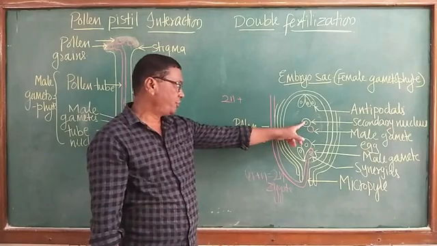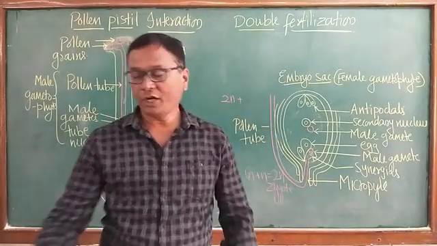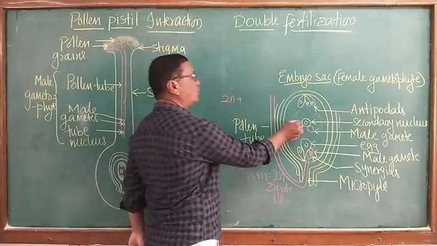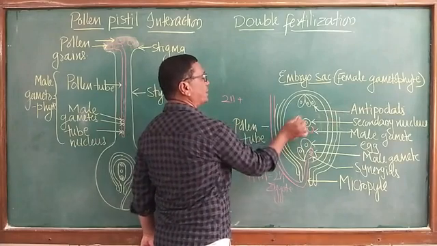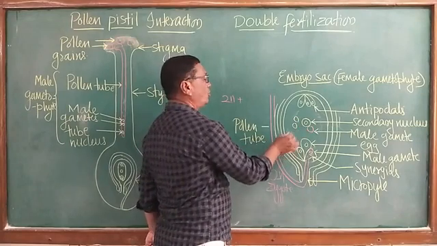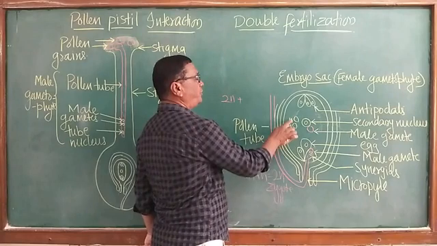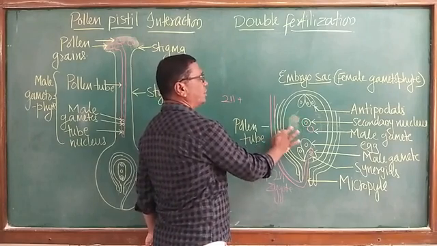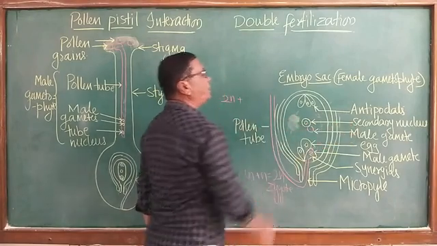Because before the formation of the secondary nucleus, there are two haploid nuclei, the polar nuclei. Polar nuclei are N plus N. When they unite or fuse, the polar nuclei after fusion are called the secondary nucleus.